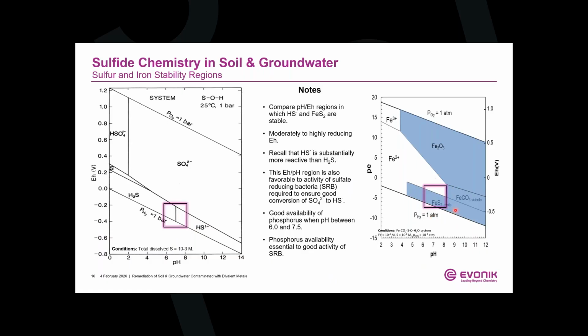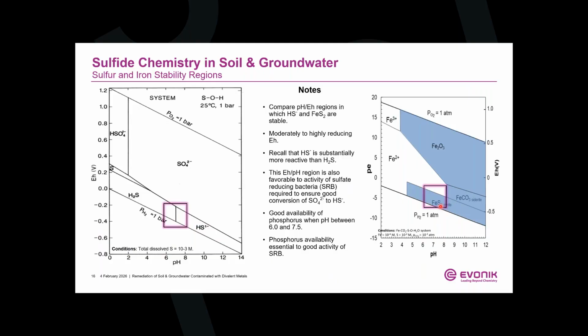Looking at the iron phase diagram, in that same area where I've drawn this box in, it's where pyrite likes to exist. So in the same area where you have a lot of sulfide, and particularly the more reactive type of sulfide, you have a region where iron sulfide, pyrite, is stable and will like to form and will like to stay in its solid, insoluble, precipitated form.